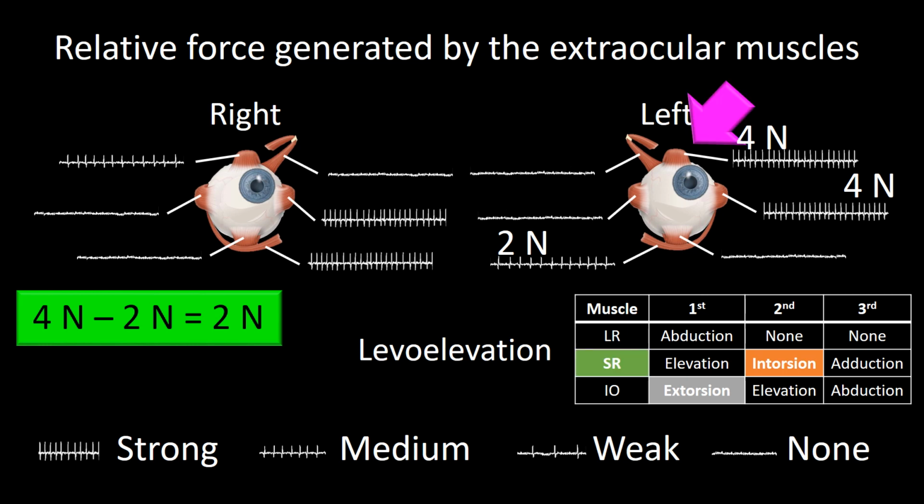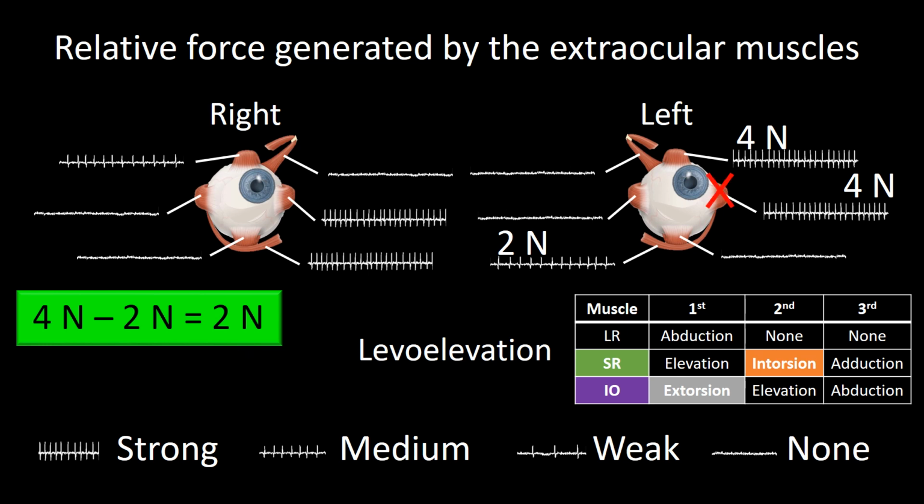The intorting force generated by the superior rectus is 4 newtons. The extorting force generated by the inferior oblique is 2 newtons. The addition of these opposing forces yields 2 newtons of intorting force. This represents the force necessary to maintain optimal y-axis position during elevation.